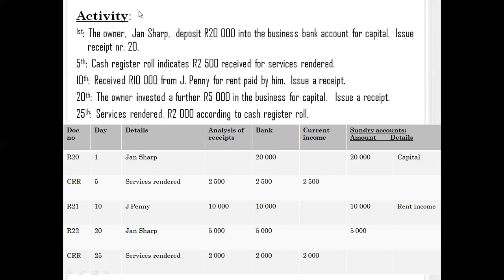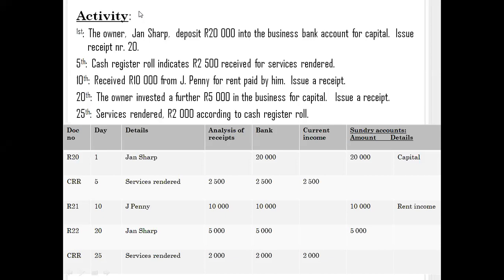Sometimes they will tell you the amount went directly to the bank, like on the first, then the 20,000 must go directly to the bank. Or sometimes, like on the 20th, it was invested or the money was paid at the business. So then it must go to analysis of receipts before it can go to the bank, because analysis of receipts is like the safe of the business. Every time that you receive money at the business, it first goes to the safe, to analysis of receipts, before it can go to bank.